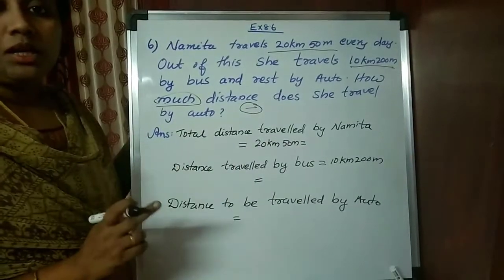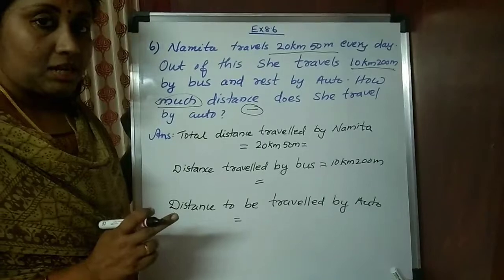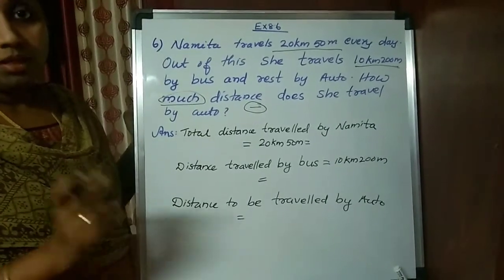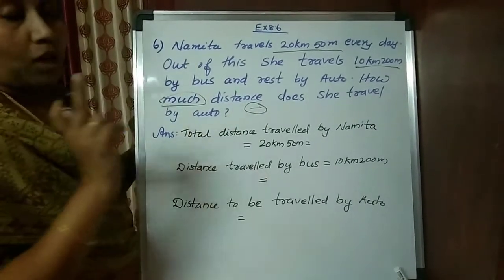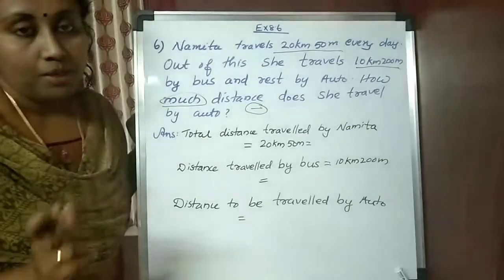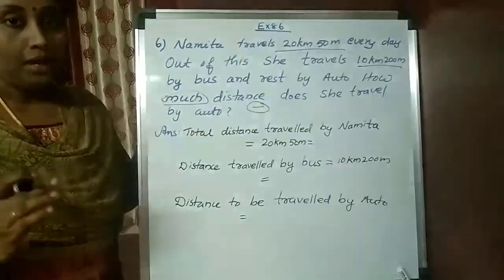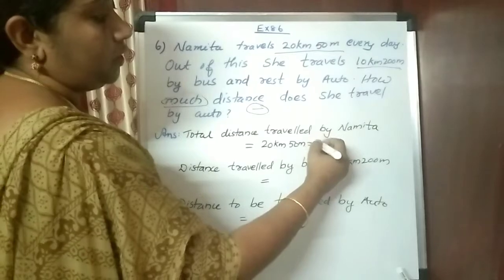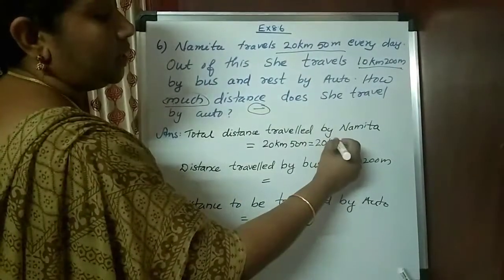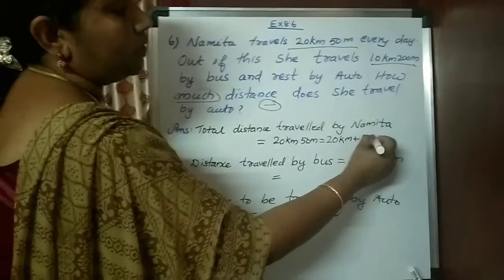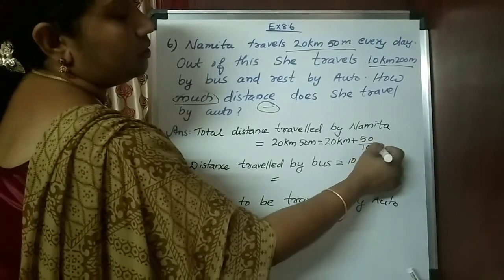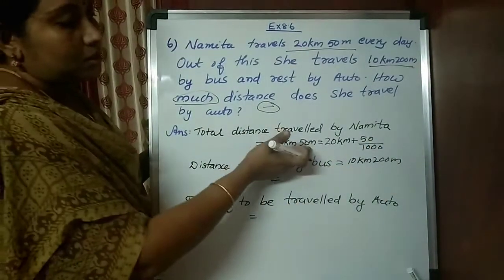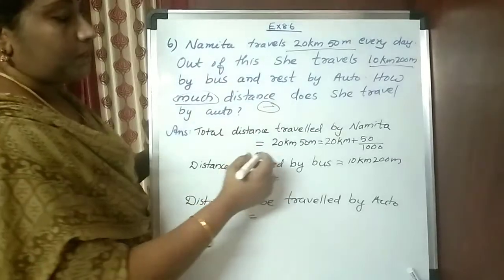Here you know that 1 kilometer is equal to how many meter? 1 kilometer is equal to 1000 meters. So 1 meter is equal to how many kilometer? 1 by 1000. So here 20 kilometer plus 50 by 1000. This way you convert this meter into kilometer.